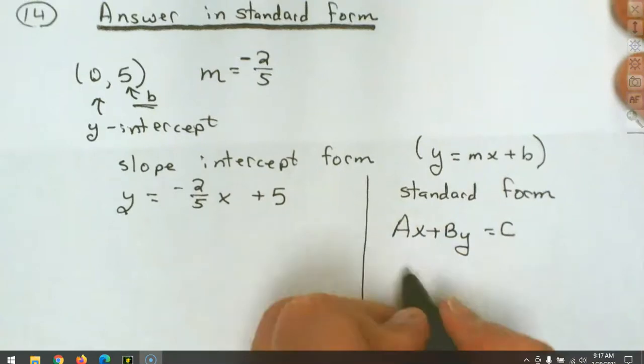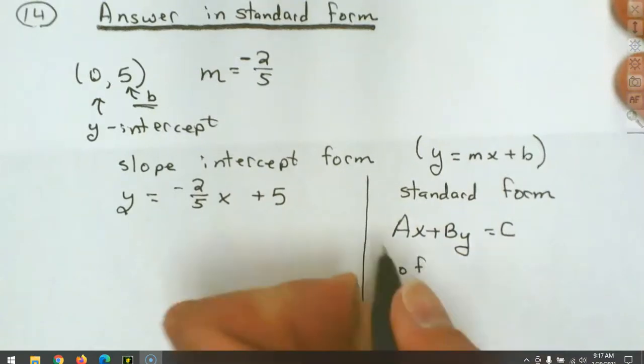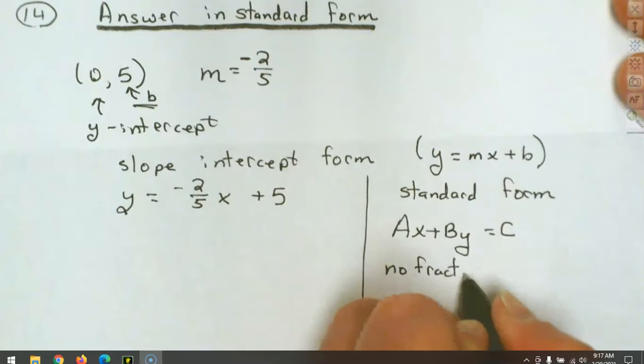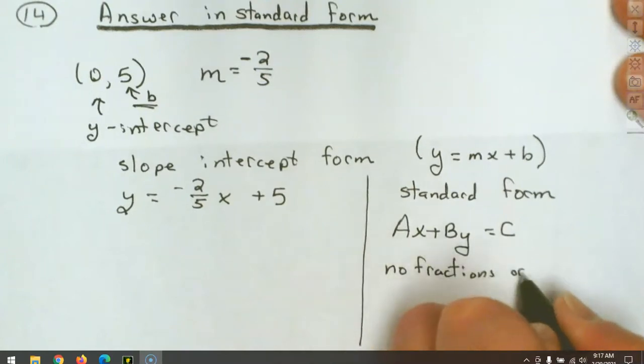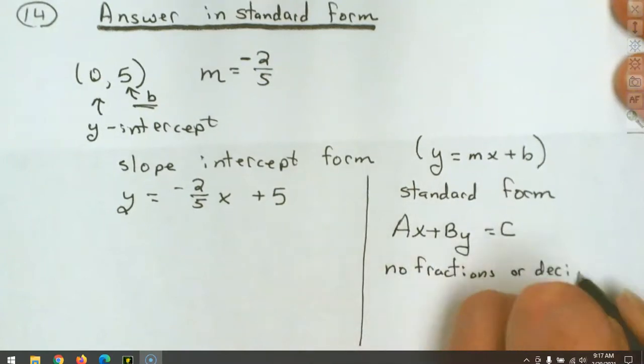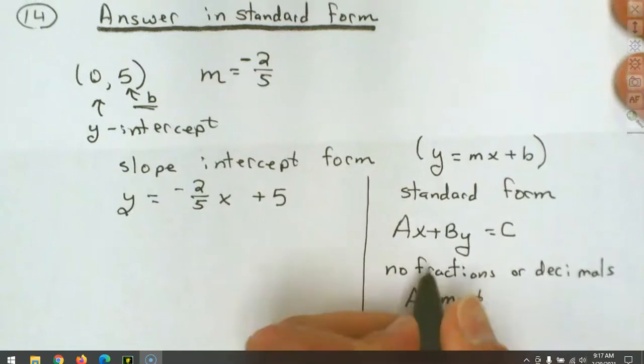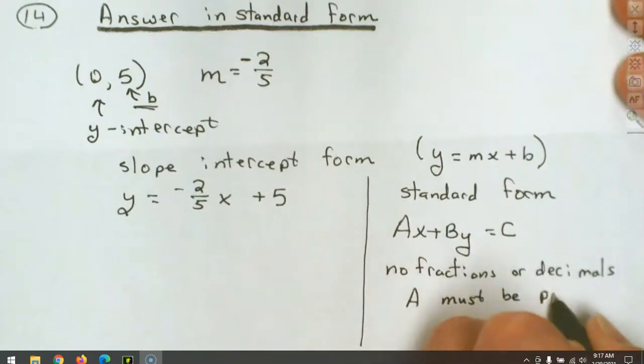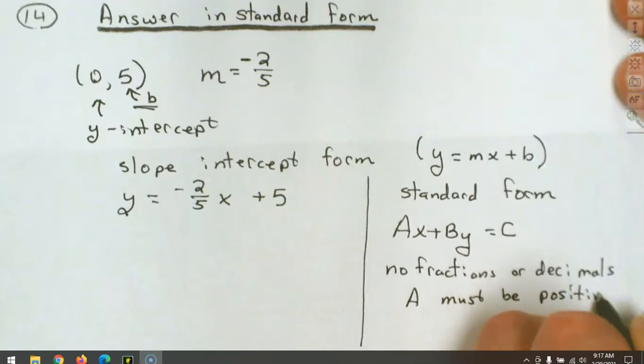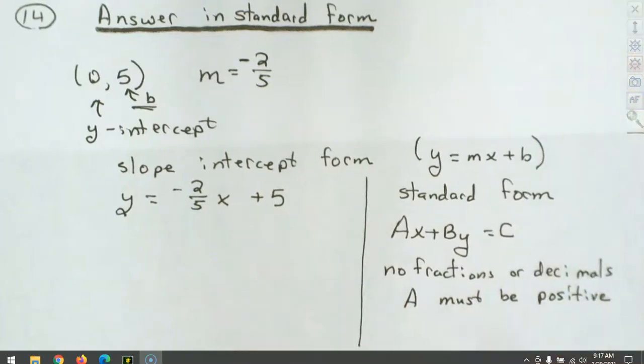No fractions or decimals. And a must be positive. These are capital letters, and that tells me that they're going to be integers. As long as they're capital letters, that means we can't have fractions.